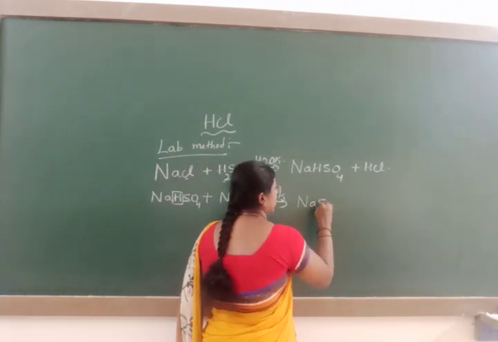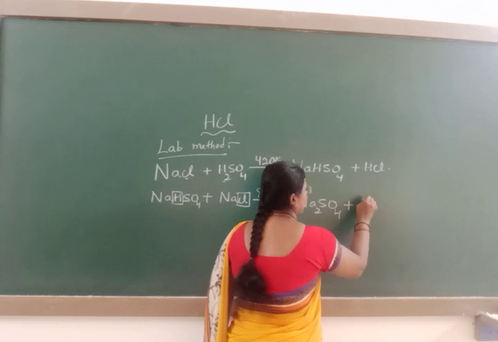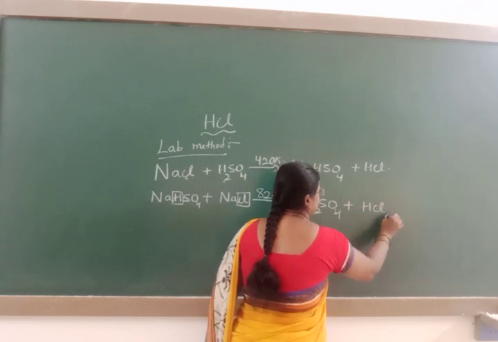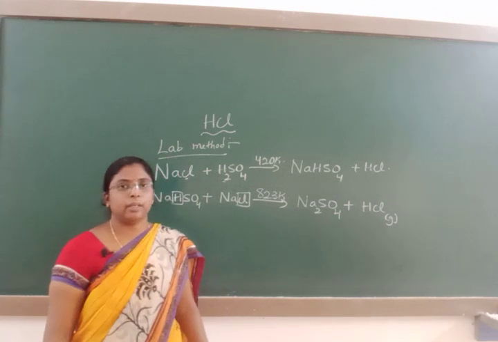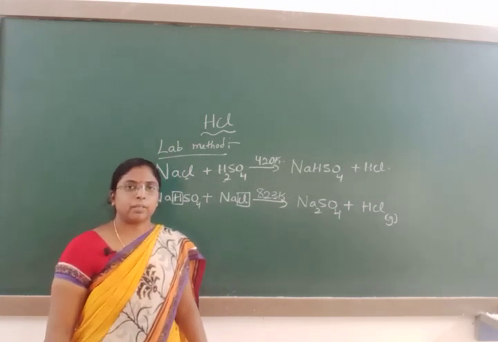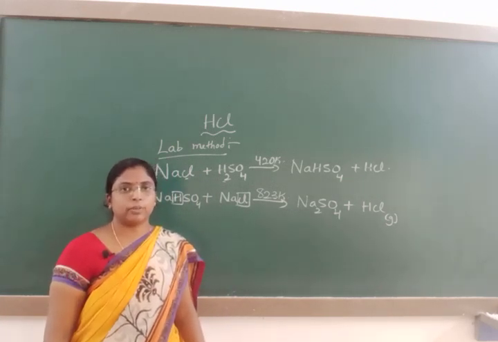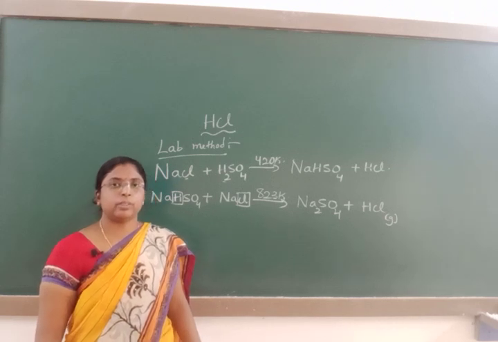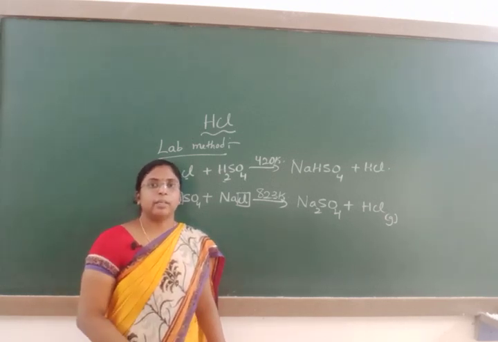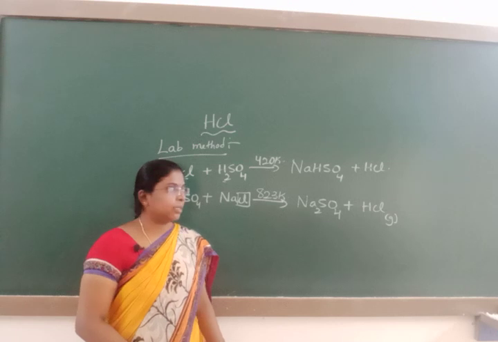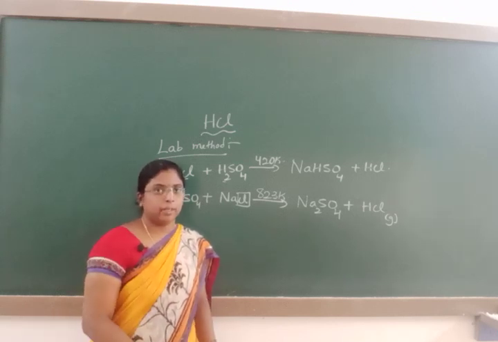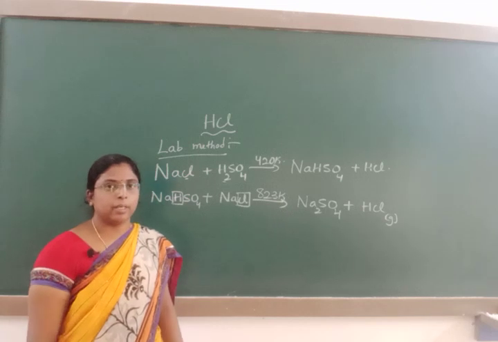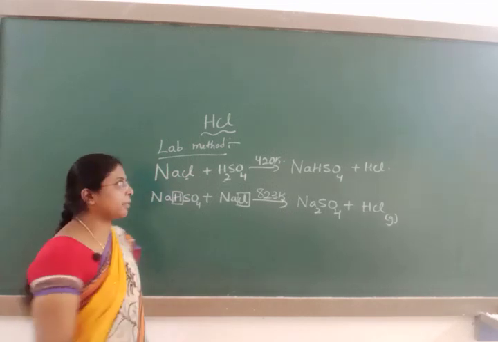Na2SO4, that is sodium sulfate, along with that we get HCl in the form of a gas. The obtained HCl is dried by passing over concentrated sulfuric acid. You know that concentrated sulfuric acid acts as a dehydrating agent, hence it is used to dry the HCl gas. In this way, dry HCl gas is prepared in the lab.